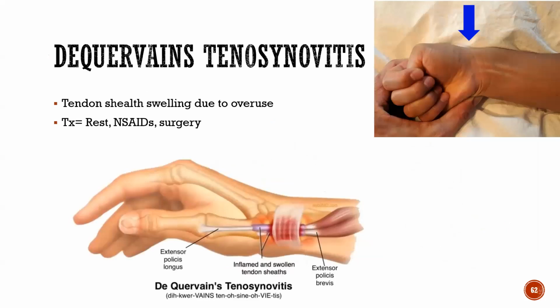Another problem with the connective tissue disorder is de Quervain's tenosynovitis. So again, this is the tendon sheath, tenosynovitis, right? That's the problem. And it's actually over the thumb. So you can see that I've put a blue arrow here on where that sheath exists. And you need to have them make a fist and tuck their thumb into the fist and then have them push their wrist down.